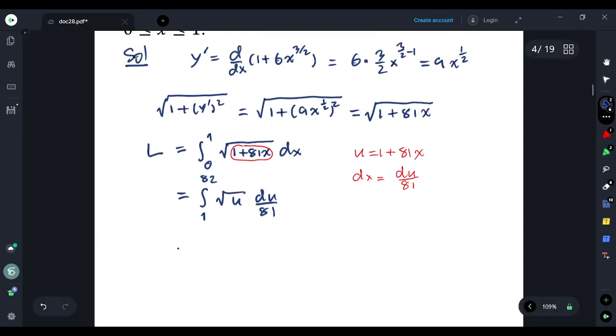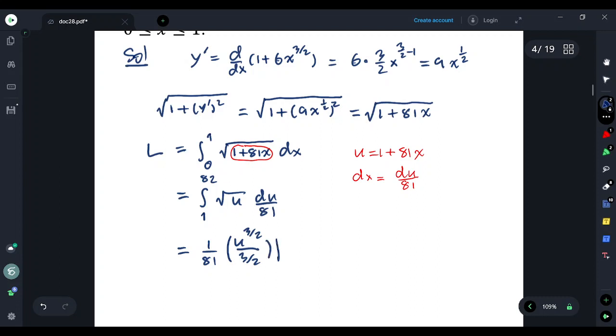Okay, so by taking the 1 over 81 out, then integrating the square root, we're going to get u to the 3 over 2 divided by 3 over 2.